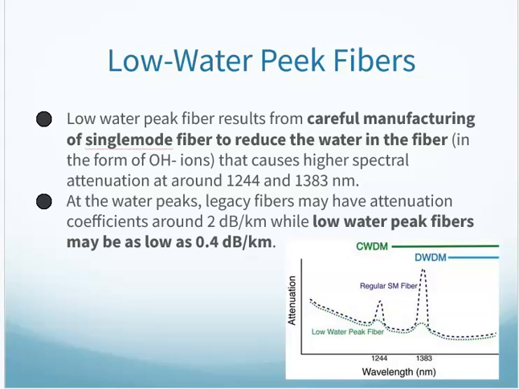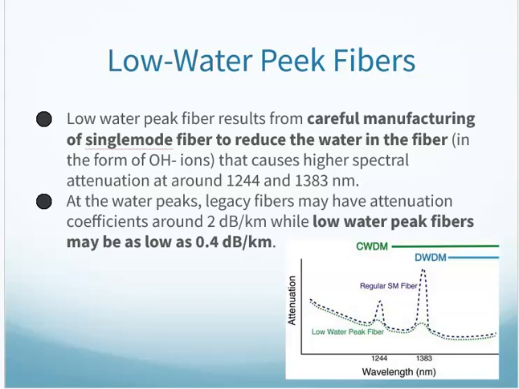So those can be advantageous in certain applications. Another one is your low water peak fibers. We said a little bit ago, we'll mention it again now. The low water peak fibers are from careful manufacturing of the fiber to reduce the water in the actual glass structure, if you will, reducing the amount of those hydroxide ions that cause that high absorption.